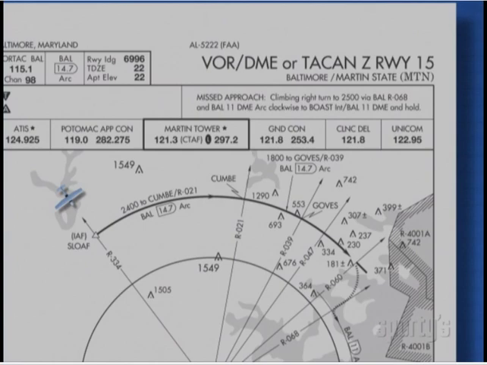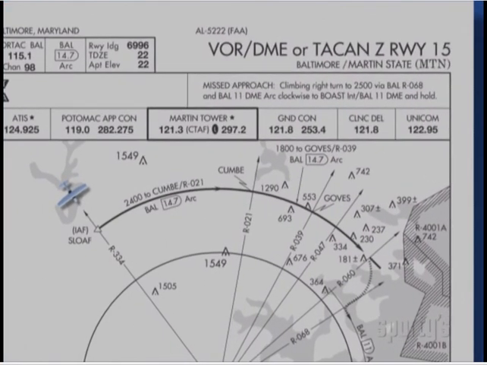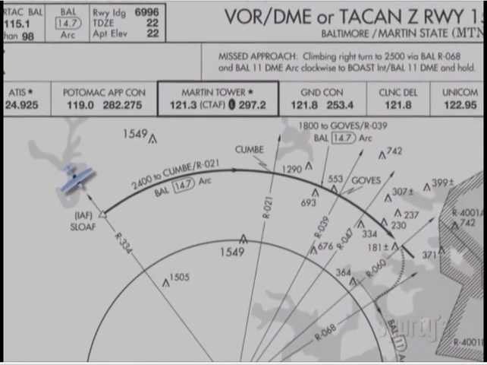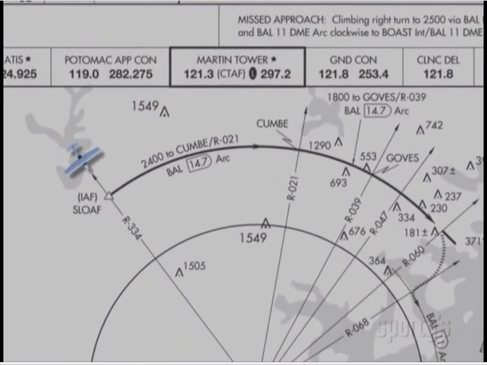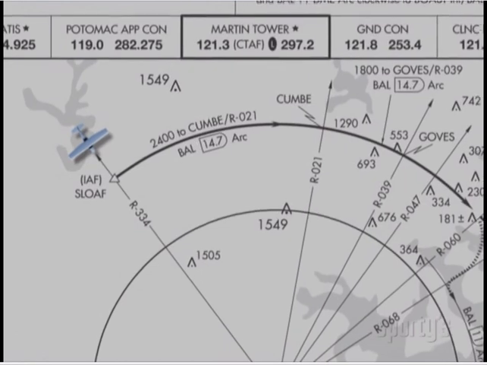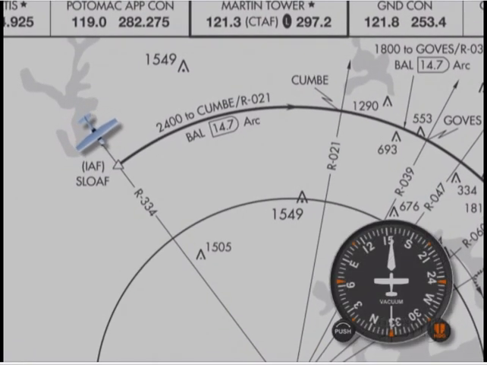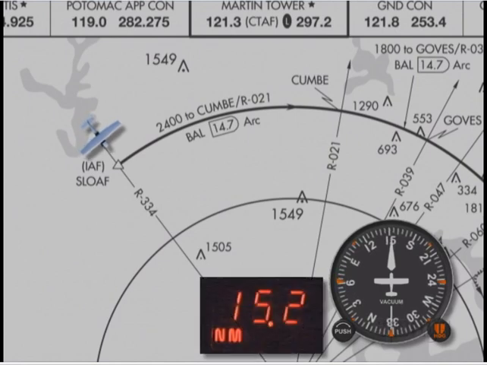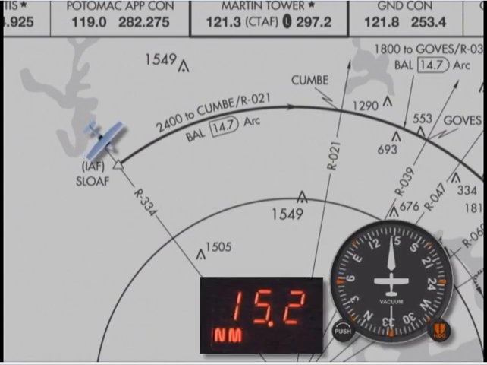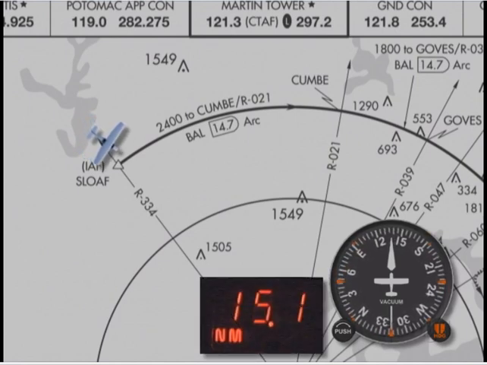Let's enter and fly the 14.7 DME arc for the Martin State Runway 15 approach in Baltimore, Maryland, starting at Slough, the initial approach fix. Inbound on a course of 155 degrees, lead the turn to intercept the arc. At speeds up to 150 knots, a half-mile lead is adequate.